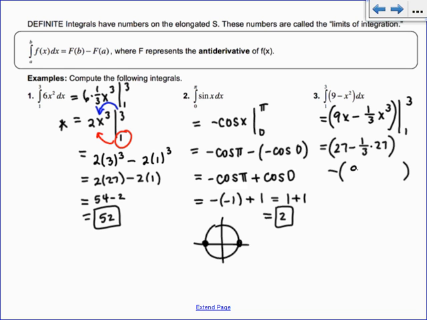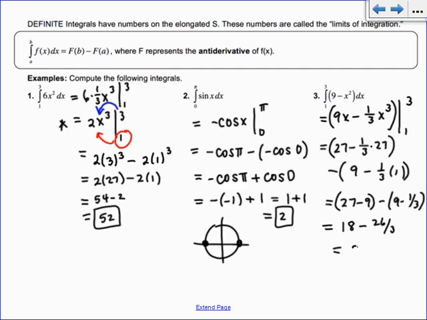When I plug in 1, I get 9 minus 1/3 times 1. So I have 27 minus 9, and then minus 9 minus 1/3.